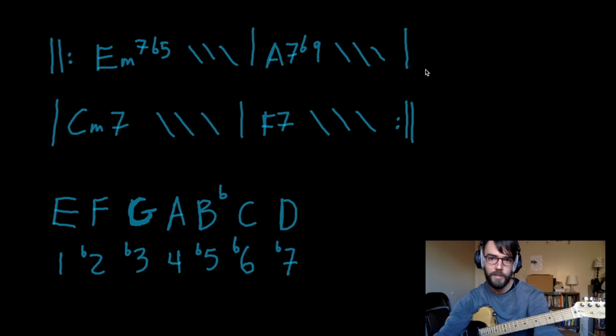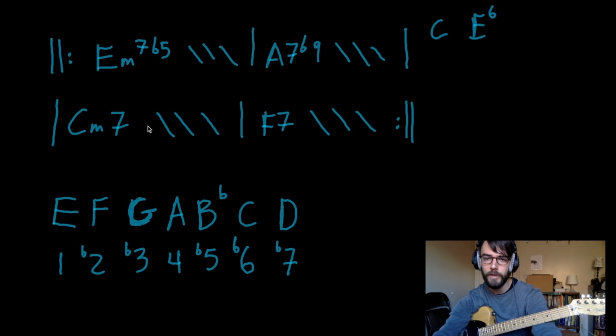All right, so then to analyze this next half here, let's go back up here and say, okay, we got a C, an E flat. These are the notes of the C minor 7 chord, G, and B flat.